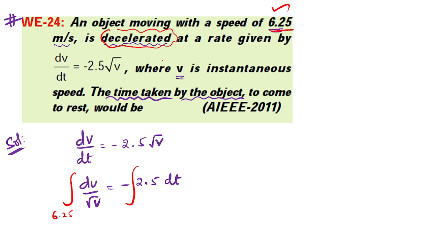Decelerated means finally 0. Clear? Now, the initial time is how much here? We don't know. Is there anything mentioned? No. Come to rest, na. Final velocity is 0 only. So the initial time is 0 but the final time is t.